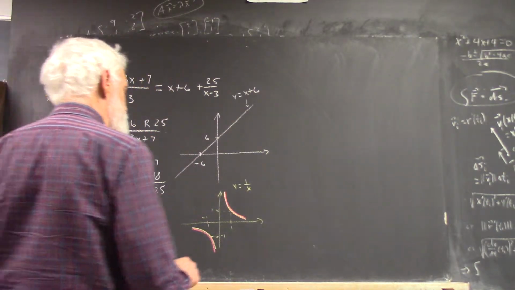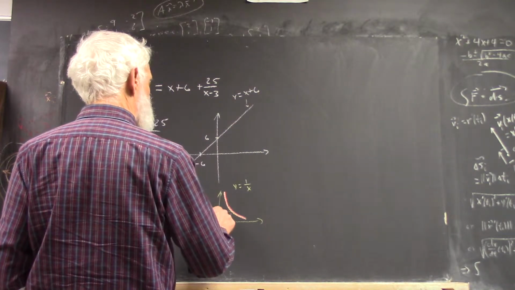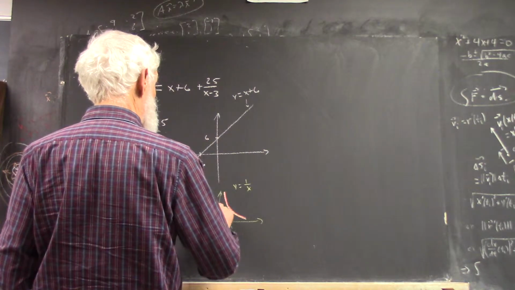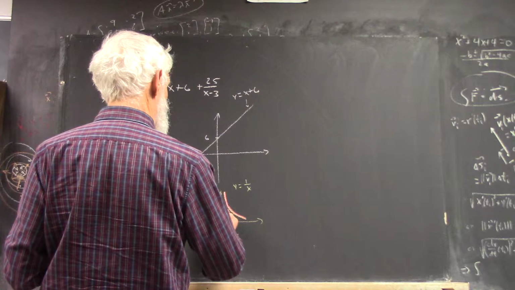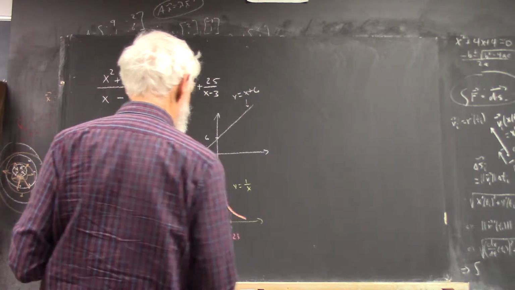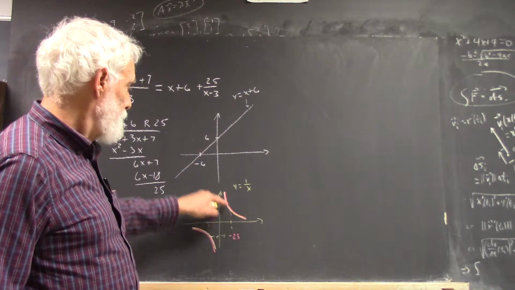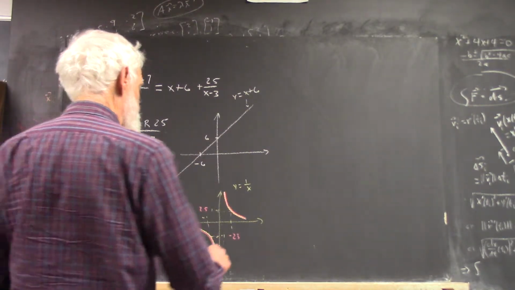And now I'm going to use a different scale for this one, where this is not 1 anymore, at least not for the red graph. This is 25, and this is negative 25. So when x is 1, this graph has got to be 25, and this graph has to be negative 25.